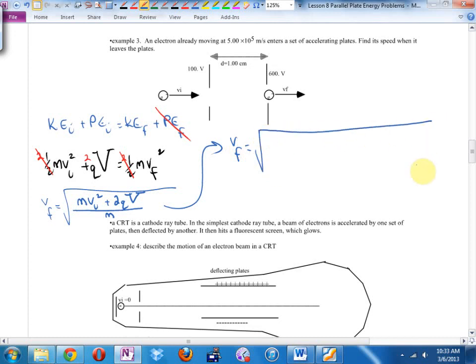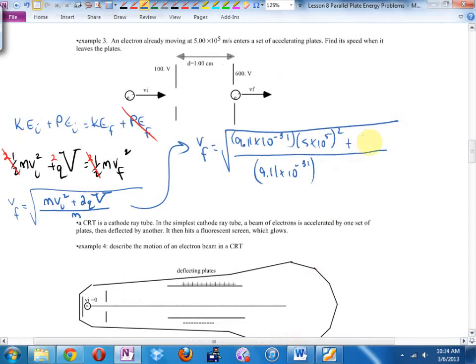It's an electron, which is also going to be down here, right? V initial squared, 5 times 10 to the 5th squared, plus, it's an electron, plus 2 times q, 1.6 times 10 to the negative 19.